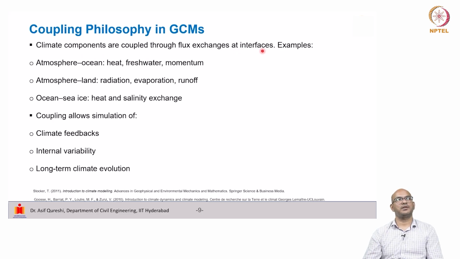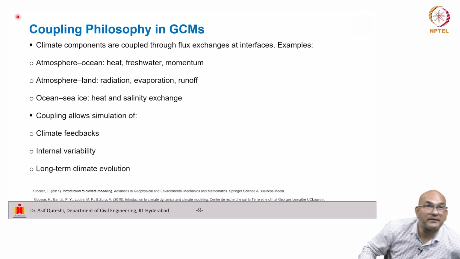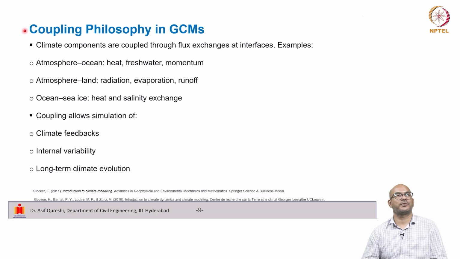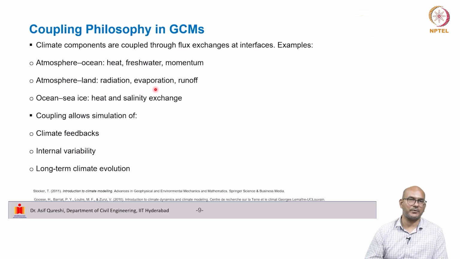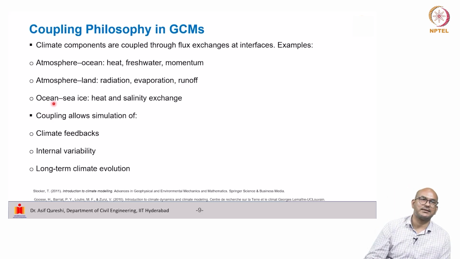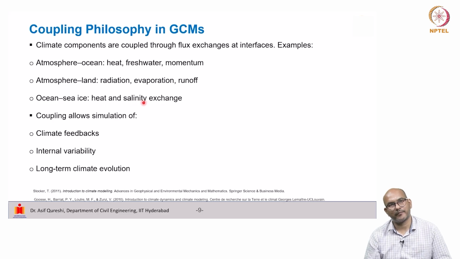For example, atmosphere and ocean may be exchanging heat, fresh water through precipitation, and momentum. When it is atmosphere and land, we may be talking about exchanges of radiation, evaporation, and water runoff. When it is ocean and sea ice interaction, we may have exchanges of heat and salinity.